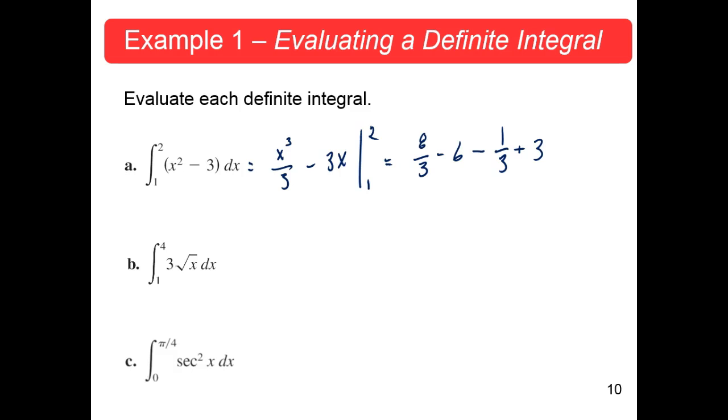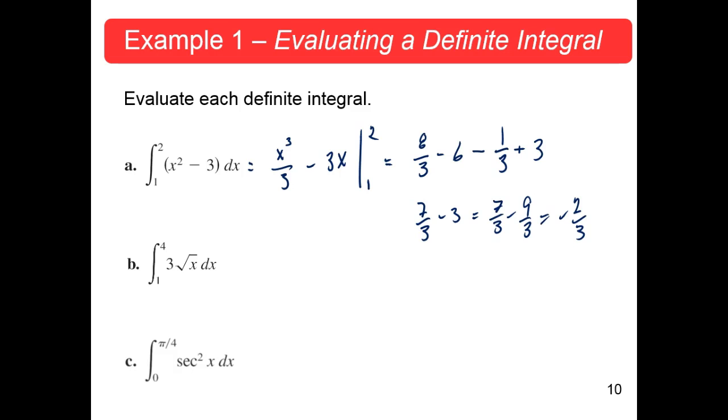All right, so 8 thirds minus 1 third will be 7 thirds minus 3, right? And that would be 7 thirds minus 9 thirds, which is minus 2 thirds. Obviously not an area, right?